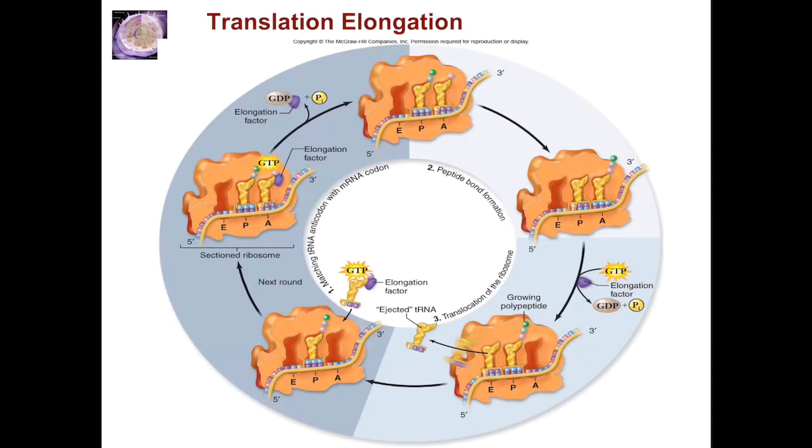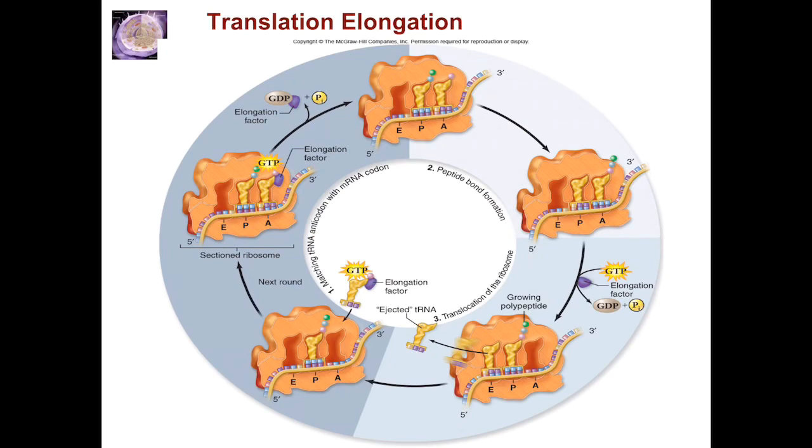You repeat this process over and over. Every time there's an empty tRNA, it moves over to the E site. The tRNA carrying the peptide will move to the P site, and then there will be an empty spot for the brand new tRNA carrying one amino acid coming in.